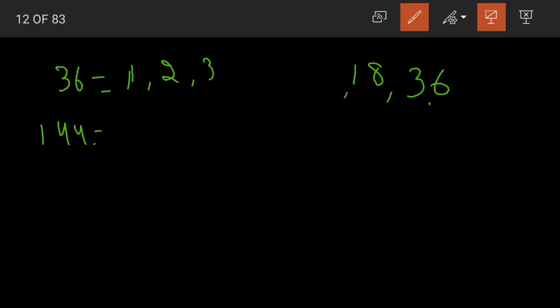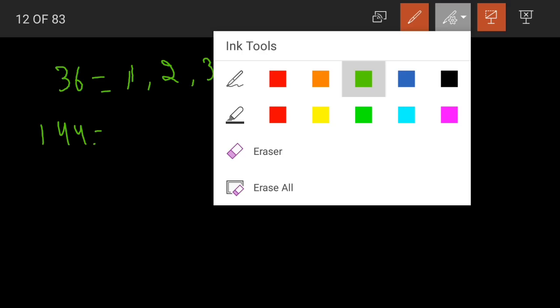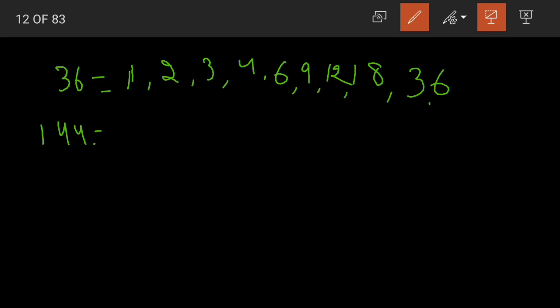Yes, and then in 3 table we have 3 12s are 36. We have 4 9s are 36. And also we have 6 6s are 36. Sorry. Okay. Yes. It is 12, 18. Now these are our factors for the number 36. Does it come in any other table? Does it come in 7 table? No. 8? No. So yes, this is it.